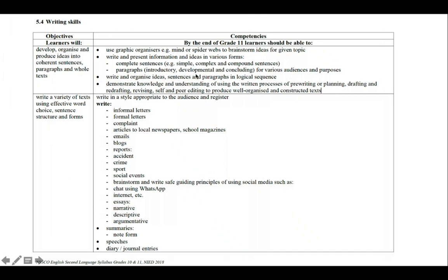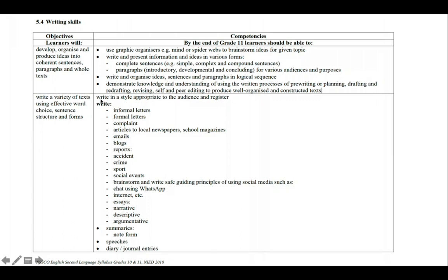Paragraphs, introductory, developmental, and concluding paragraphs. Or for various audience and purpose. We have spoken about this when we talked about the different principles that you need to consider when you are creating or teaching writing. And then write and organize ideas, sentences, and paragraphs in logical sequences. That's more measurable. Do you understand?